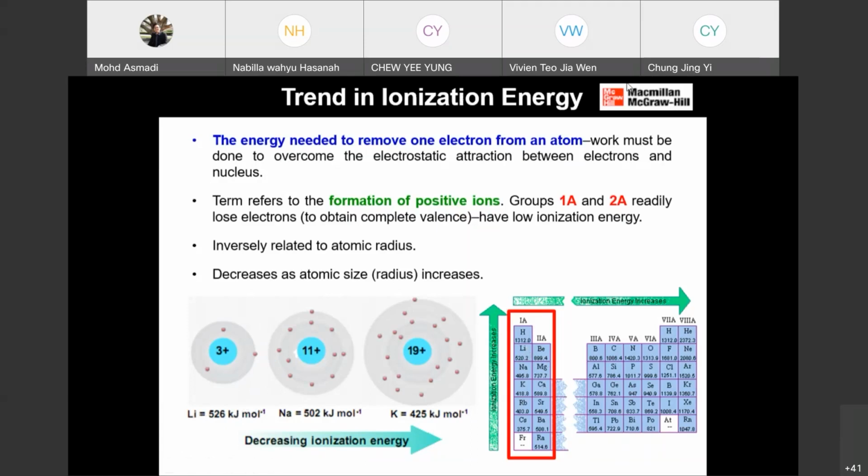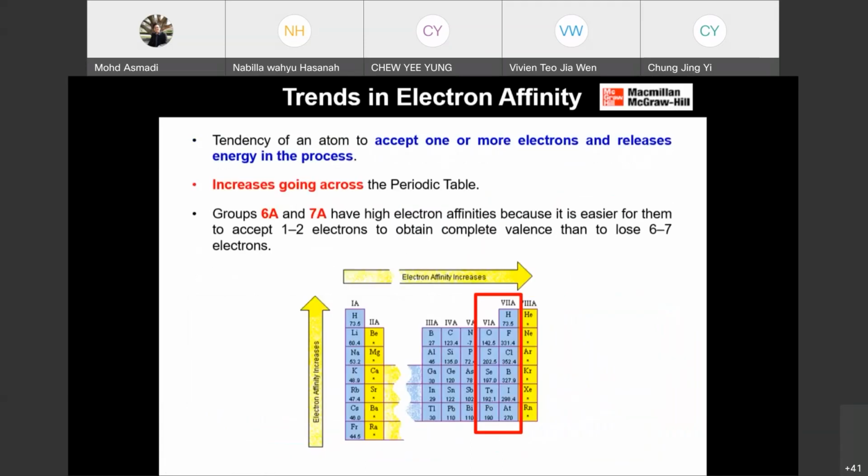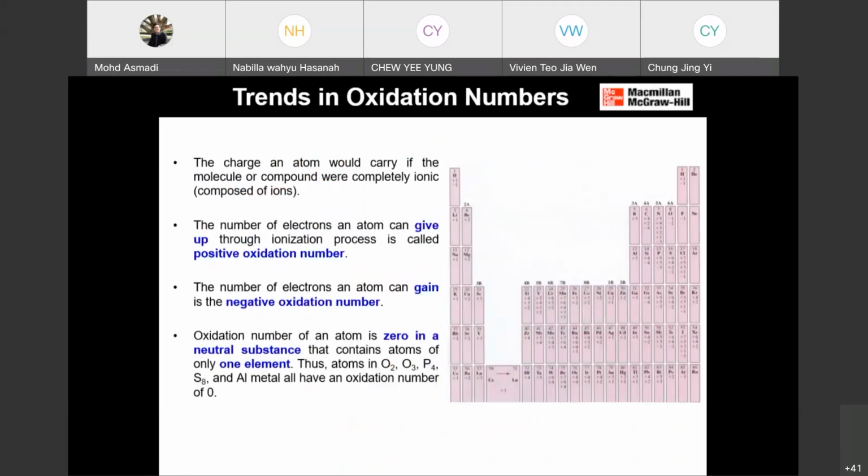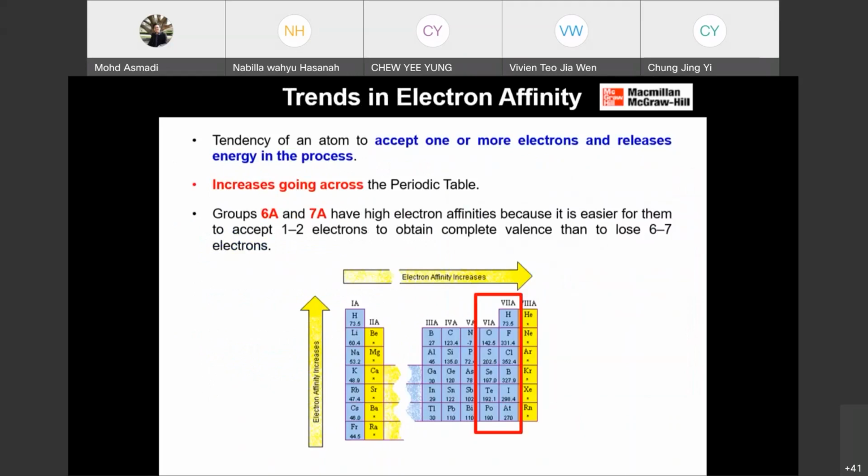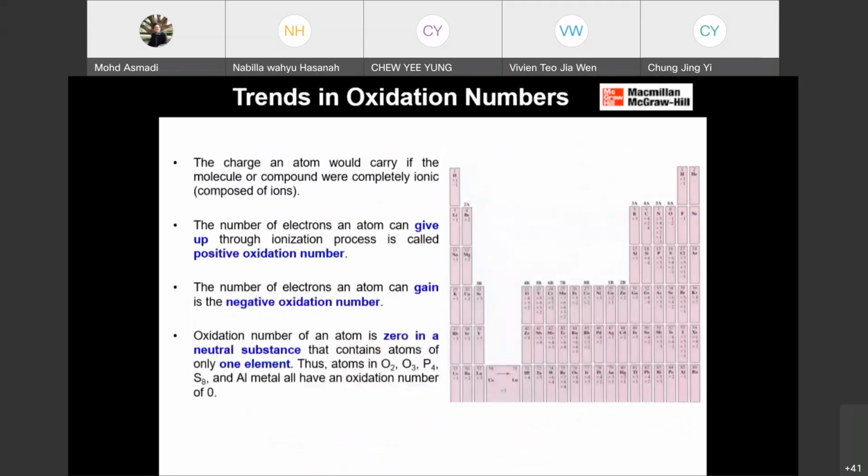For example, lithium, sodium, potassium: ionization energy decreases because of the increase in the number of orbitals. In terms of electron affinity, these atoms readily accept electrons to become ions, meaning groups 6A and 7A. Electron affinity increases from left to right of the periodic table. That is electron affinity, as well as ionization energy.